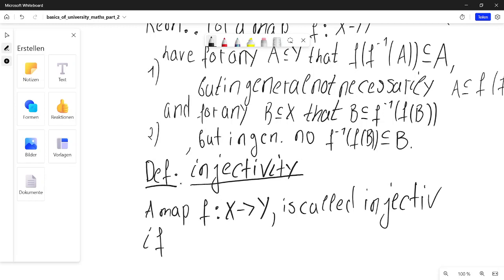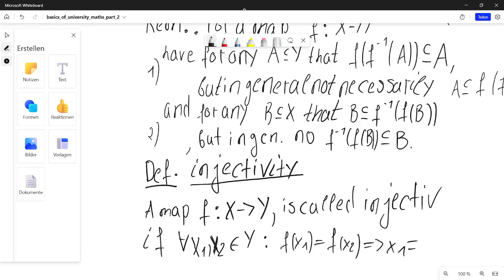if it is true that for all X1, X2, elements, and this is just elements, it's not big letters, it's small letters, we have that f of X1 equals f of X2 implies that X1 equals X2.